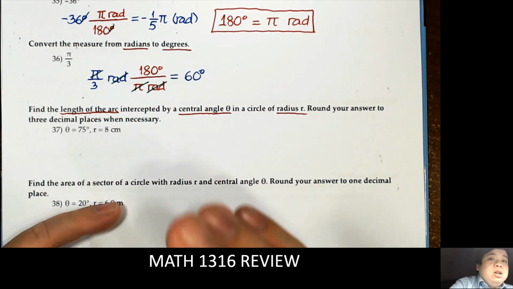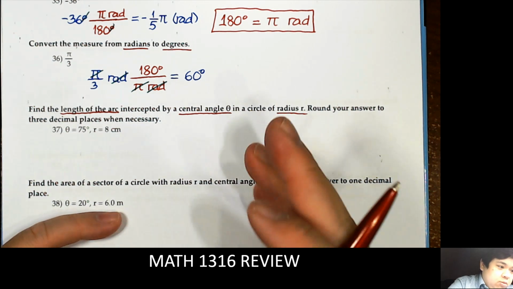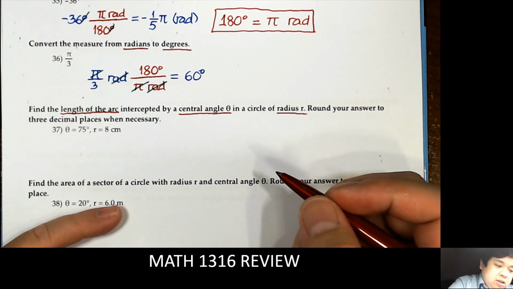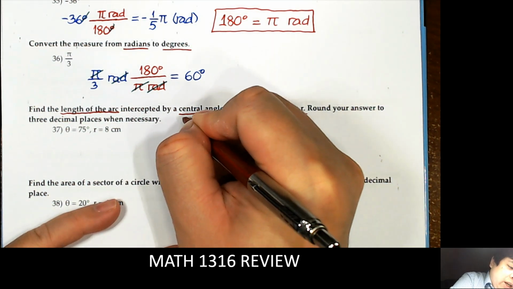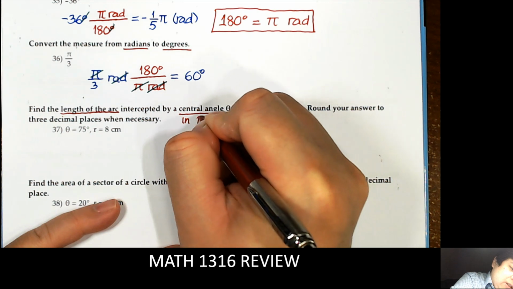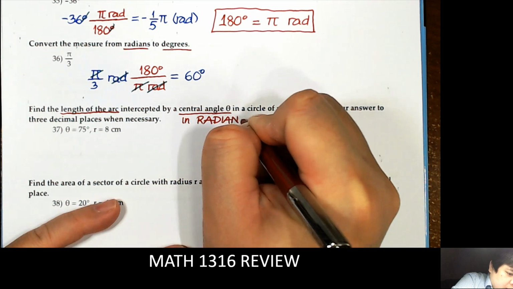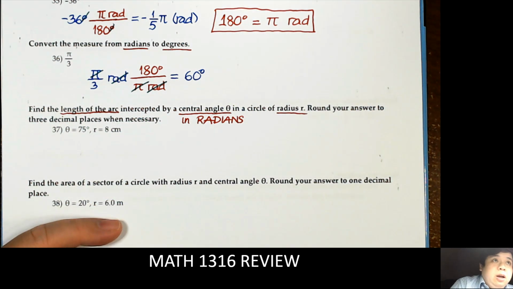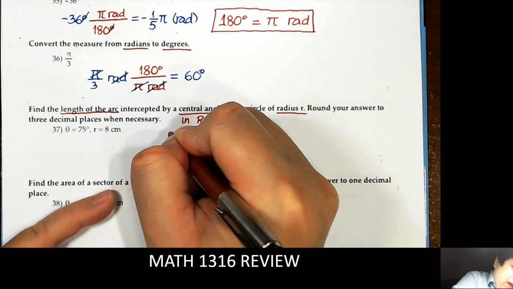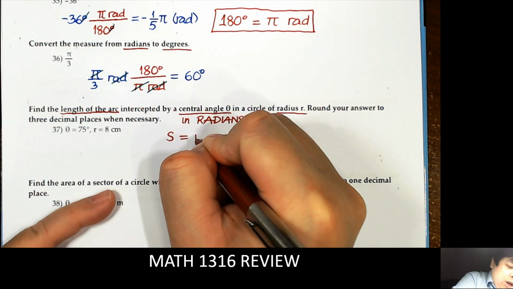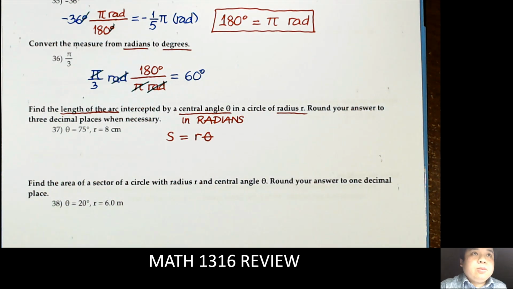All the calculations involving the arc length or the area of a sector require that the angle theta, the central angle, has to be in radians. And if that is the case, then the arc length s is equal to the radius times theta.